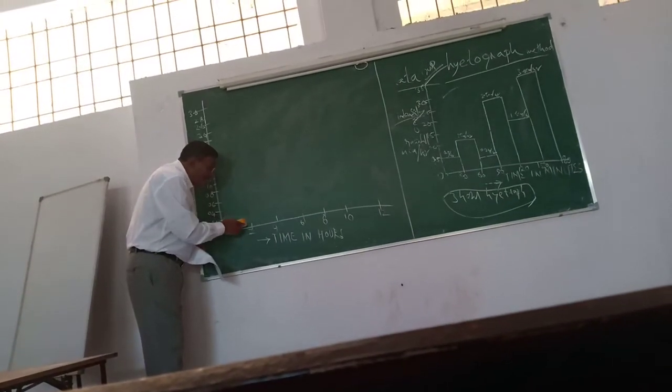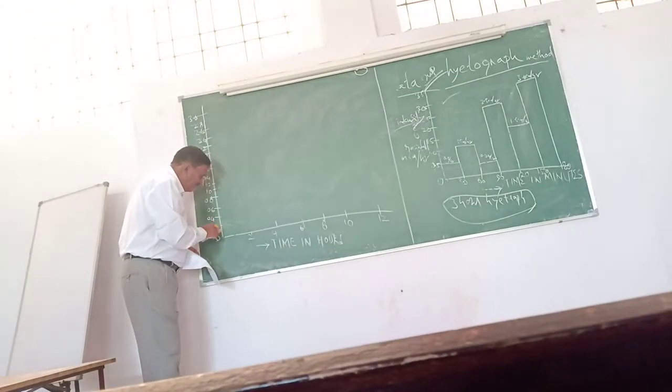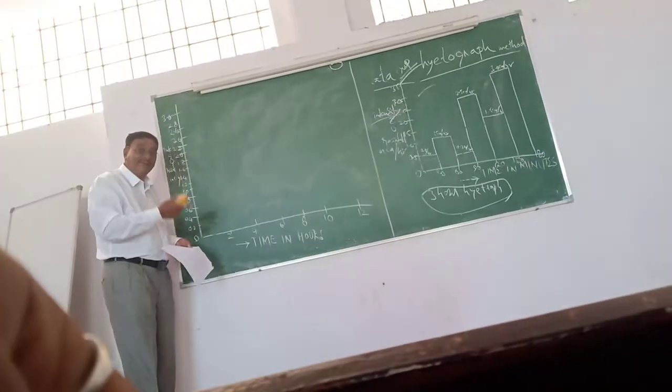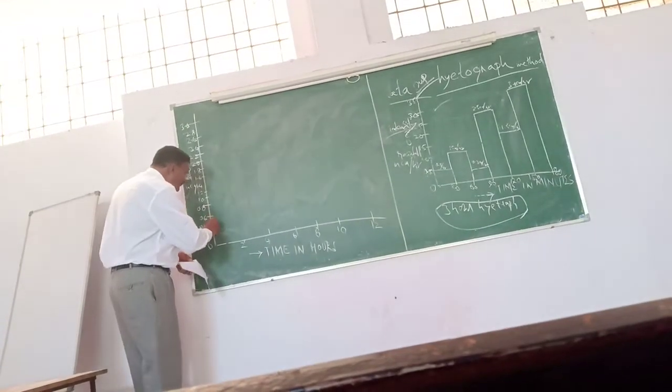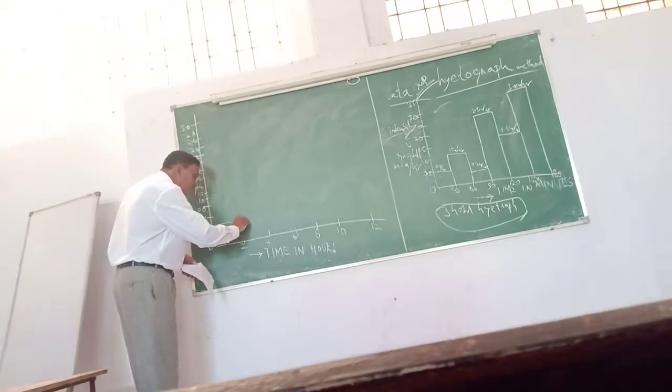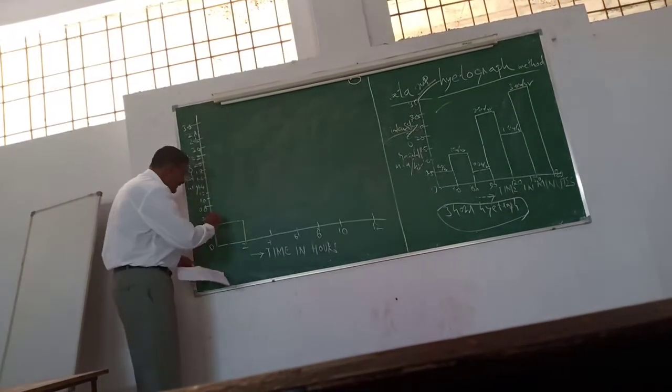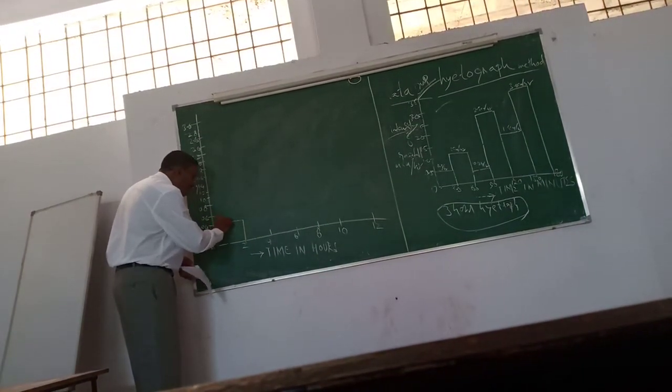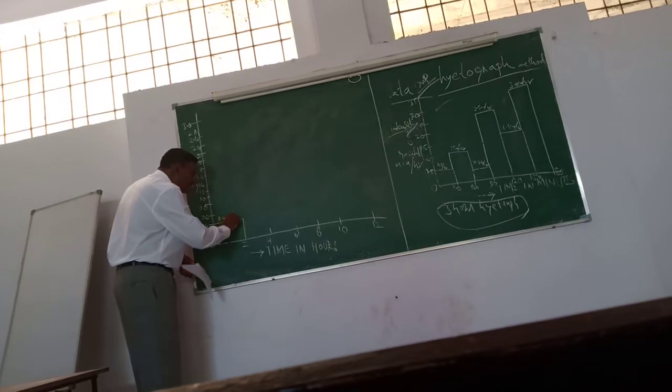It will be 0.4, of course, because your notes have 0.4, which is better. I am not changing it. 0.4, sorry. First I write it here. Don't worry. It will be 0.4 centimeter per hour.